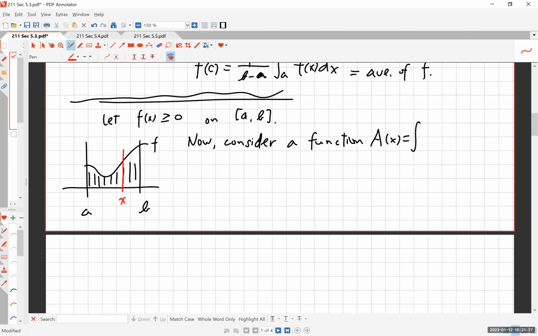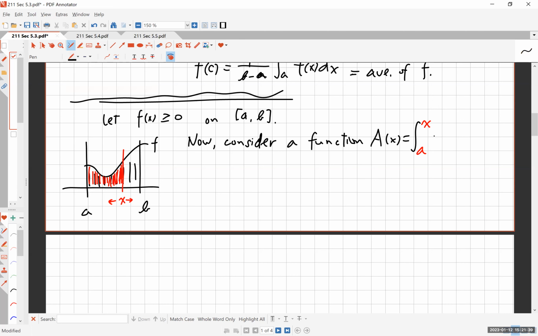I am going to define capital A of x to be the area under the curve of f between a and x. Now, this x can go back and forth, of course. So we are trying to find the area to the left of x under f. So the limits will be a to x, and x is the variable.